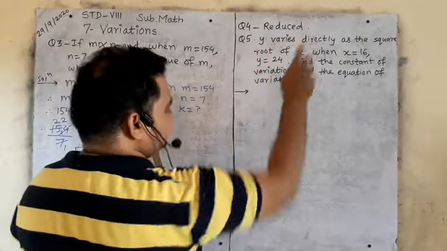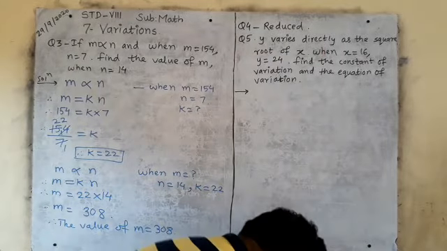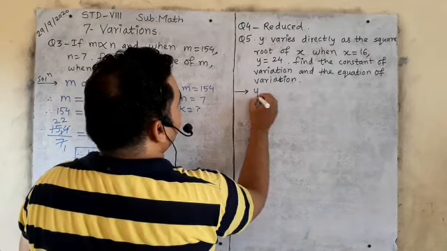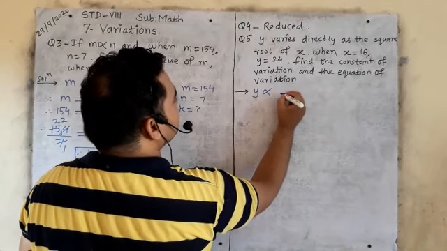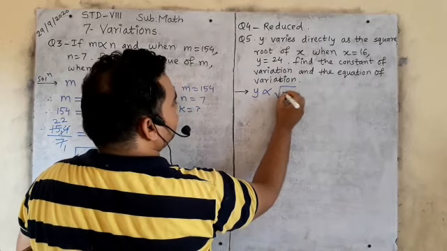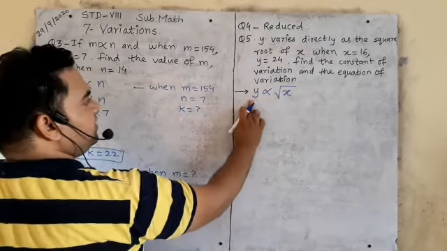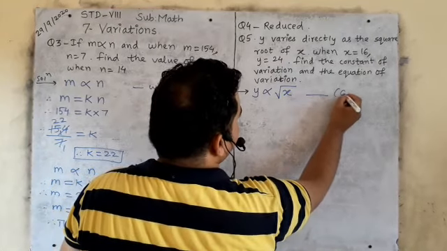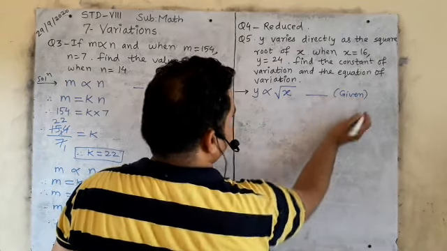Look at here, very simple. Y varies directly, so we will write y is directly proportional to the square root of x. Okay, this is given in your question.